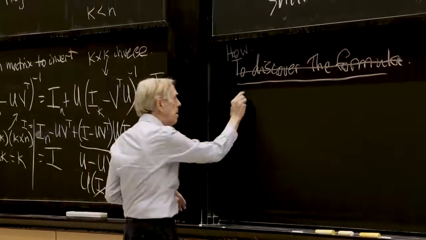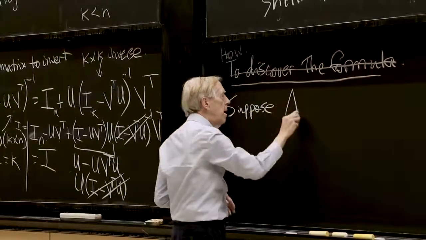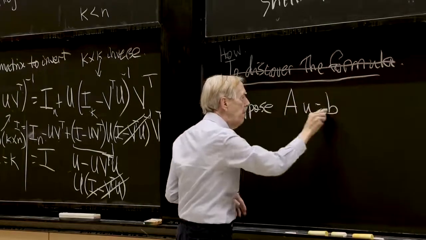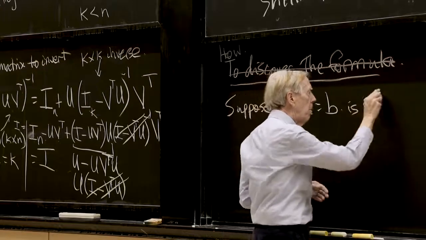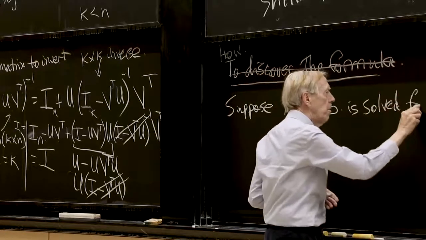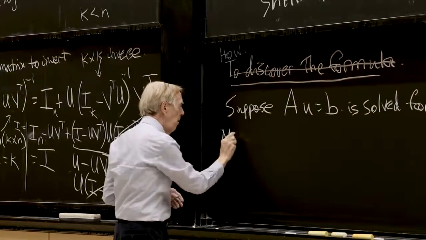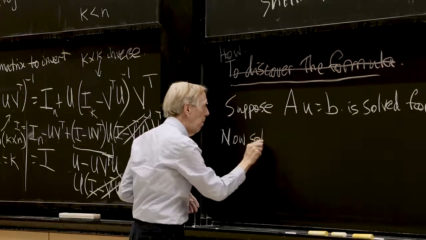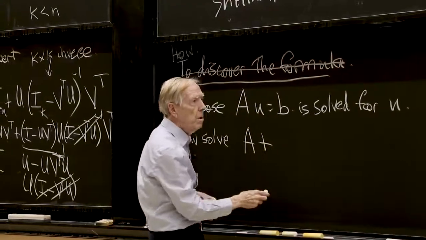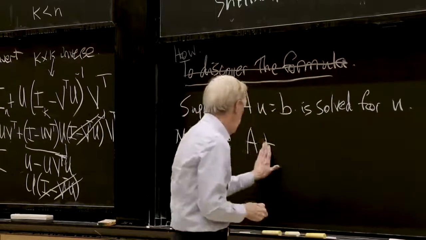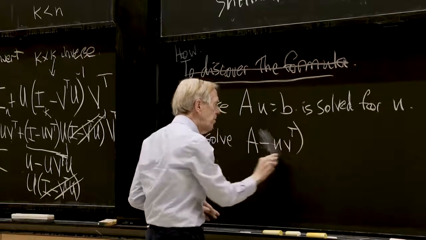So suppose that A U is B. It's solved for U. Okay. Now solve A plus or minus a rank one. Let me do the rank one. A minus UV transpose, with B.